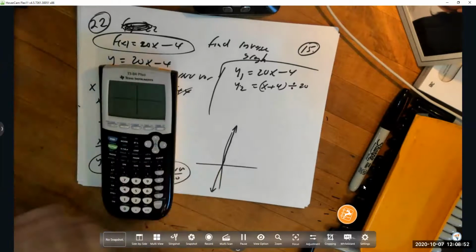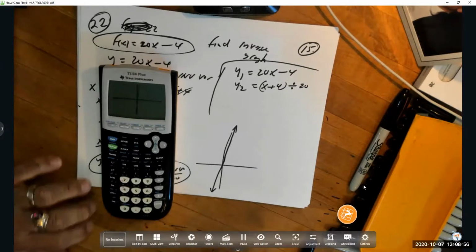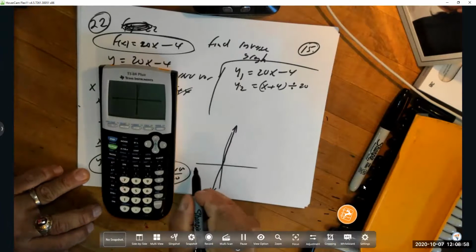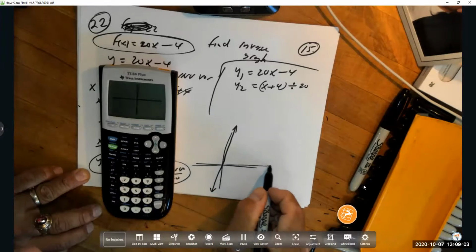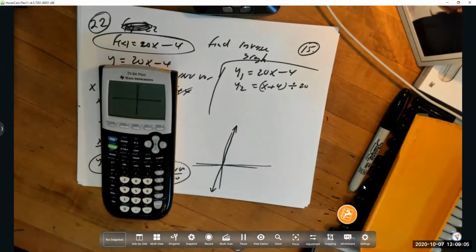Put in a graph. Got one line. Okay, and the other line kind of goes like this. You can barely see it. It goes that way, something like that. Y'all see it? Barely in there.